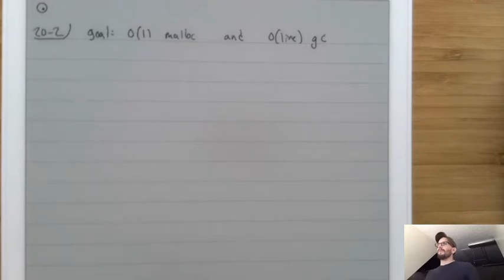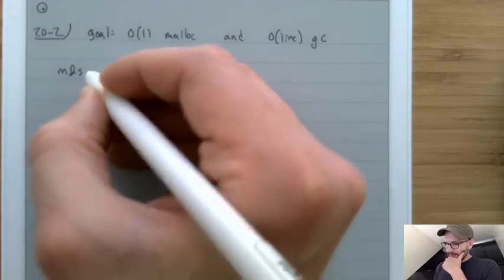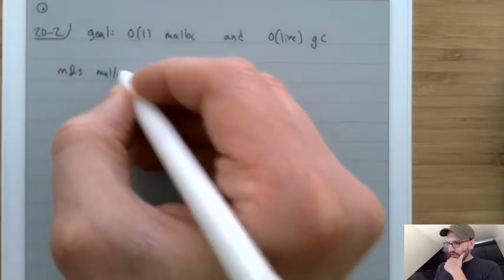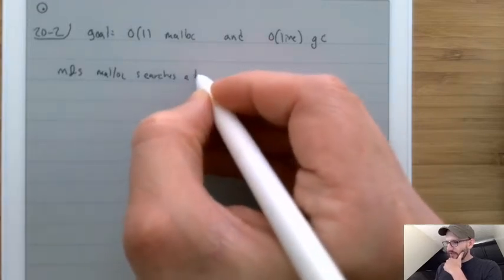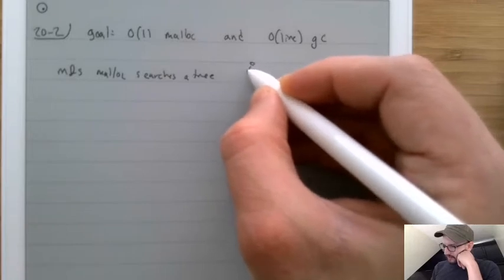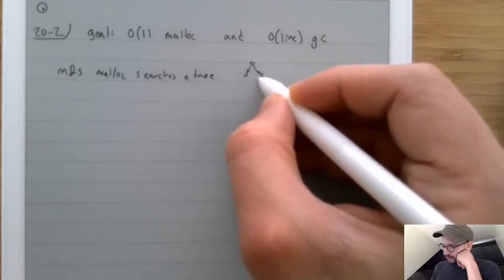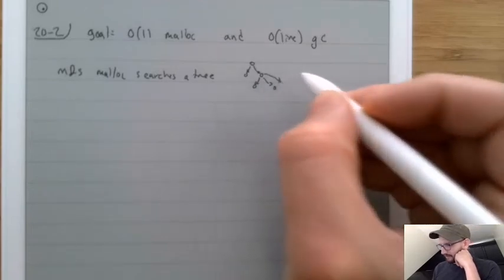Okay, so what does this mean? Well, why does mark and sweep have a malloc that's expensive? The mark and sweep malloc searches a tree. That means that we have this tree that represents all of the possible locations in memory that are free.